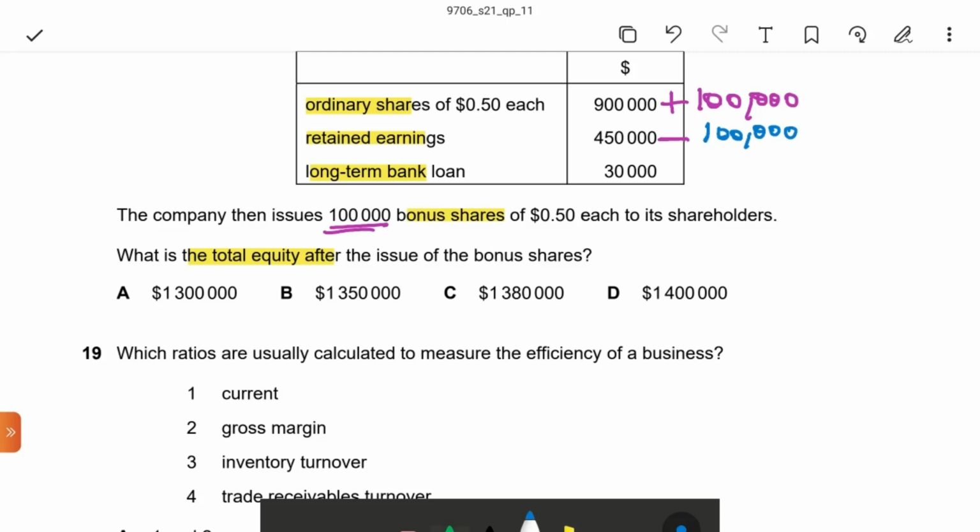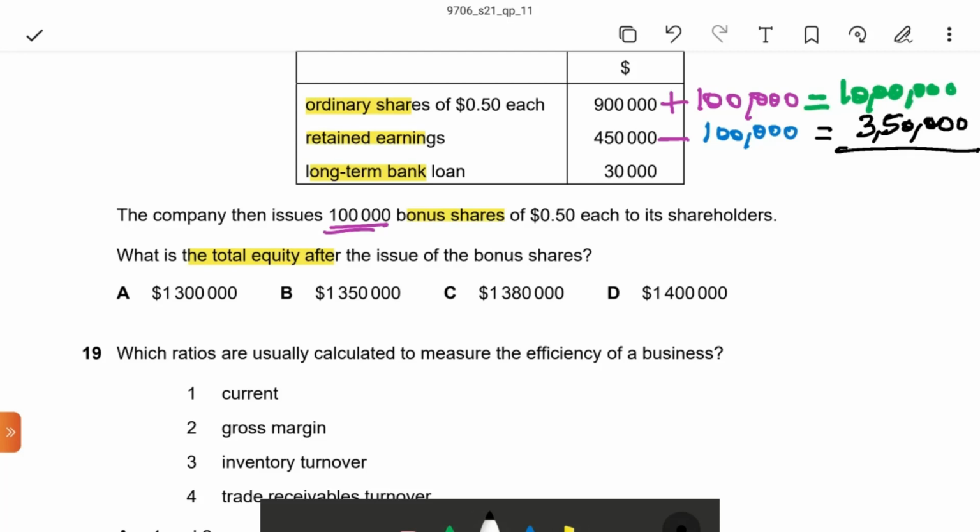So our ordinary share will become 1 million. Then the retained earnings of 450,000 will become 350,000. So what is the total amount?